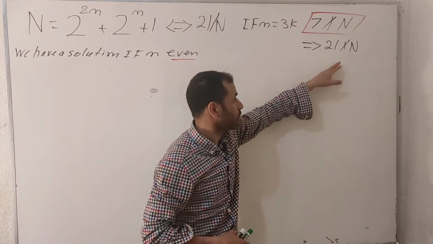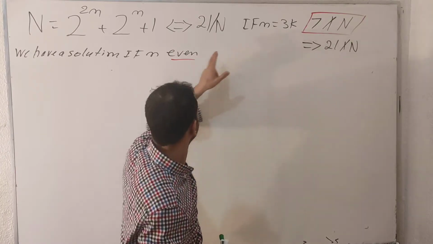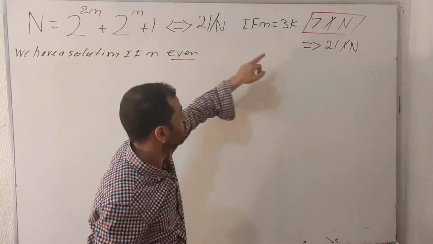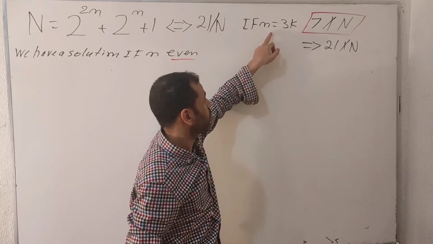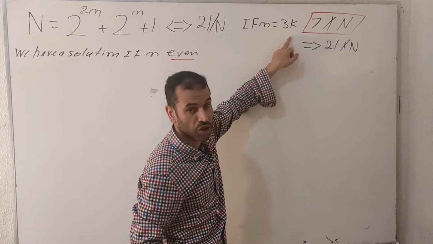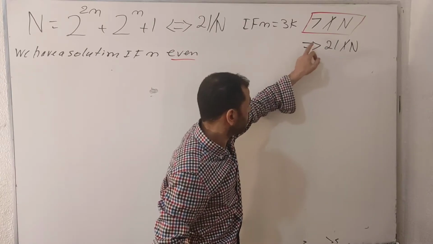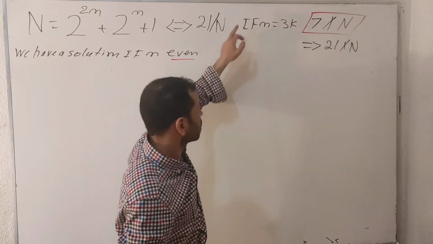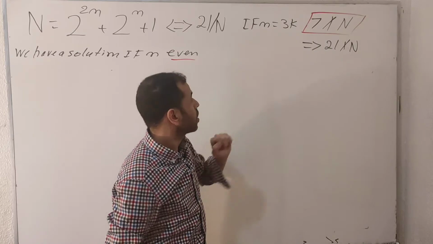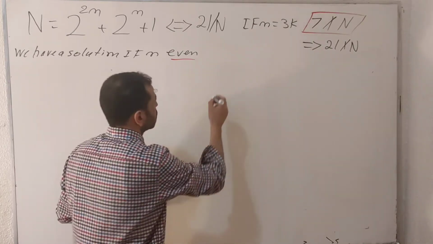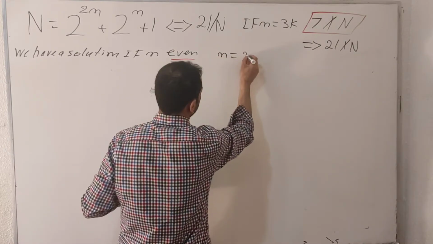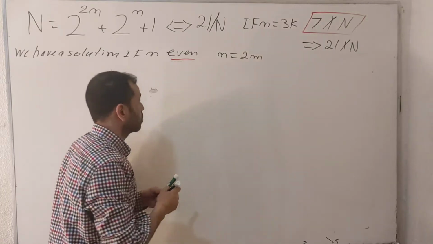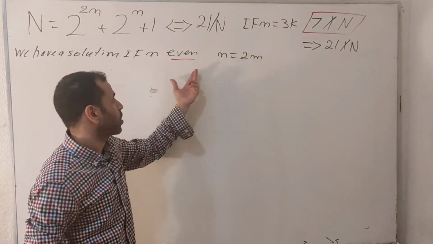Since 21 does not divide capital N, that means capital N is not a multiple of 3, because we found that if we have N equals 3k as a solution, it implies 21 does not divide N. Since N is even, it's not necessary to have N equals 3k as a solution, because this is the expression form for an even number.